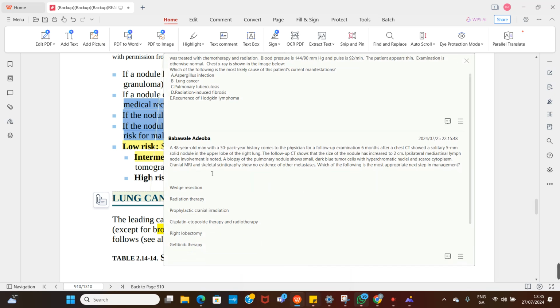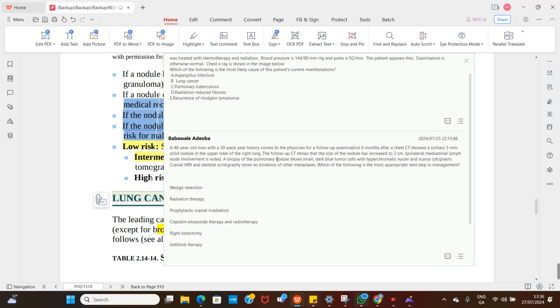A 48-year-old man with 30 pack year history comes to the physician for follow-up examination 6 months after a chest CT shows a solitary 5 mm solid nodule. Okay, this is a nodule question. The nodule is in the upper lobe of the right lung.